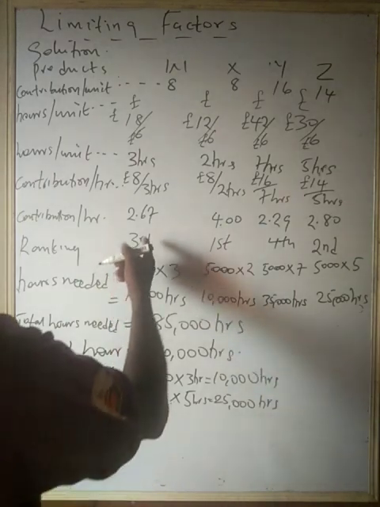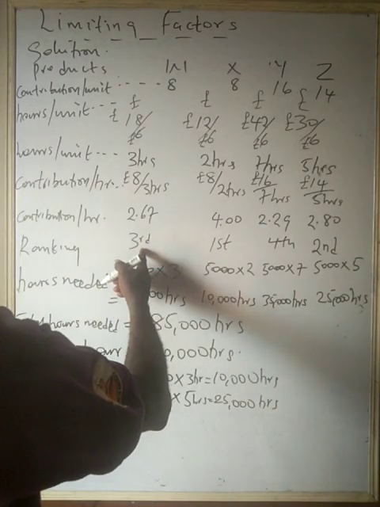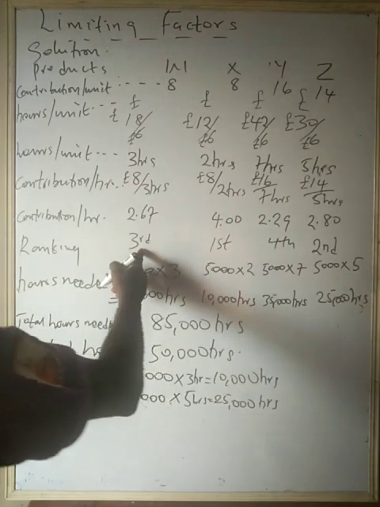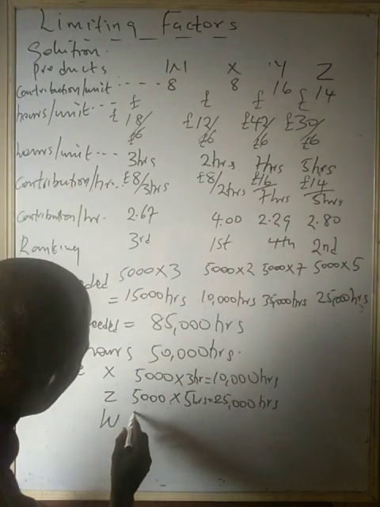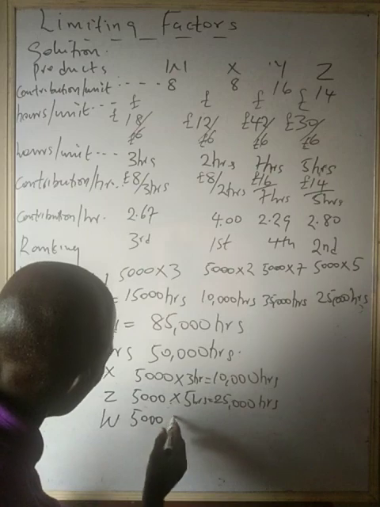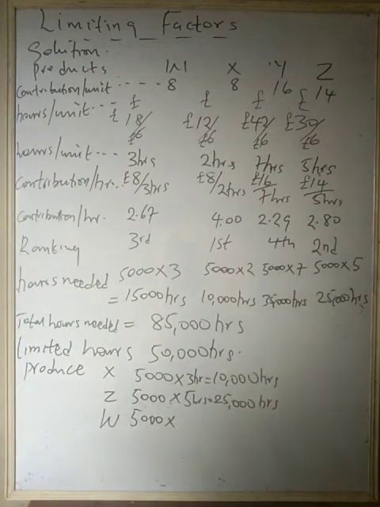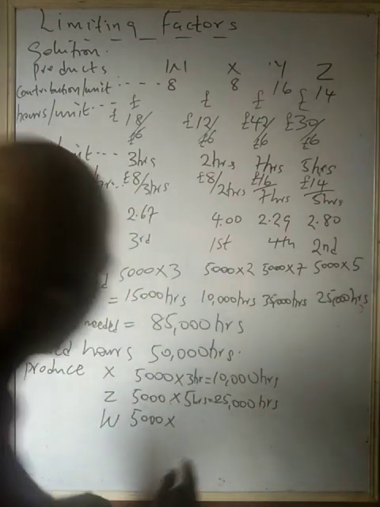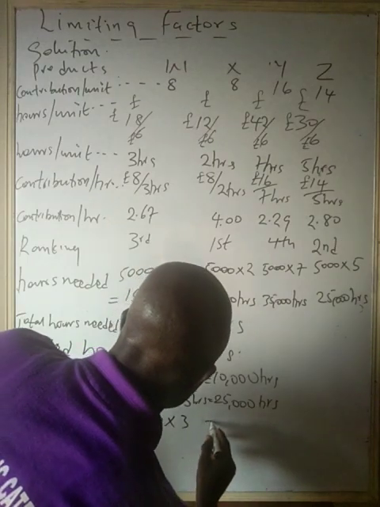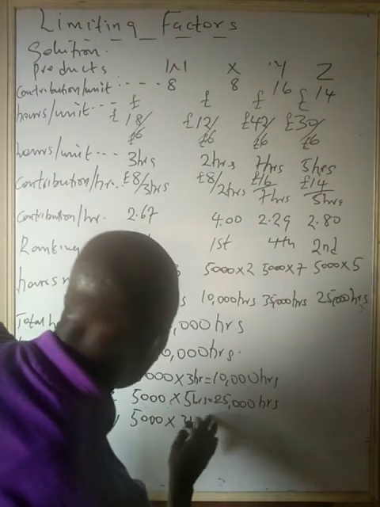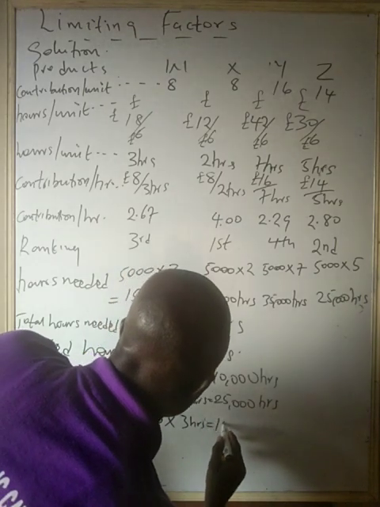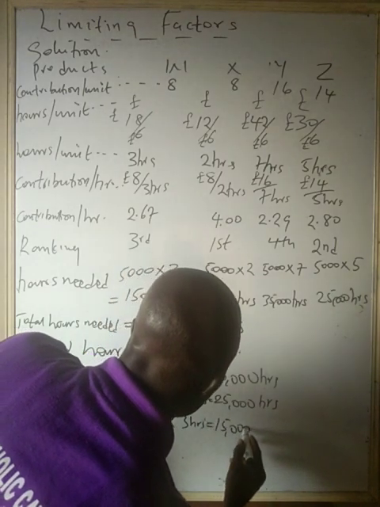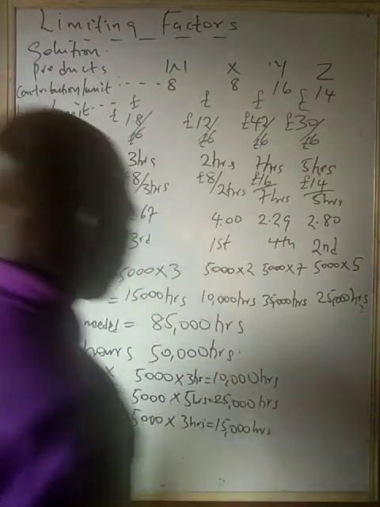What is the third? The one that ranked third is W. Produce W. You need 5,000 units demanded, multiplied by the hour per unit, which is 3, and that gives us 15,000 hours.